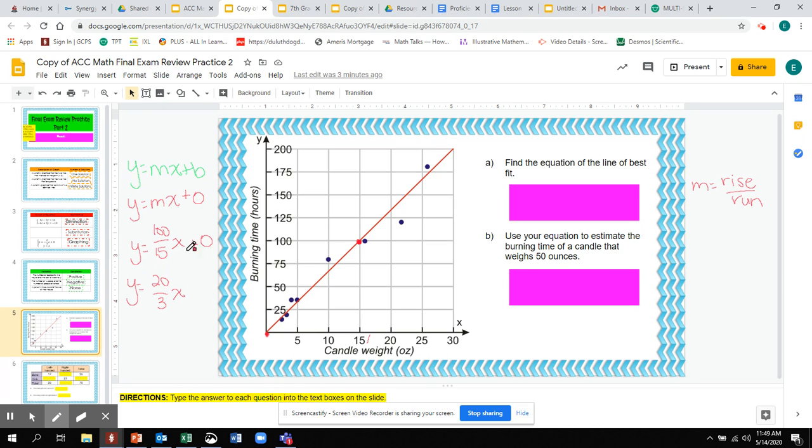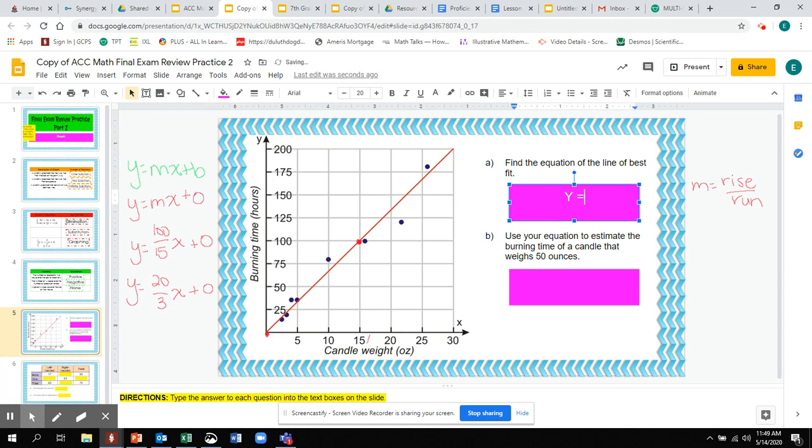And then I have this plus 0 here. And technically, I can write it if I want, but I don't need that because if I add 0 to 20/3 x, it's still going to be 20/3 x. So when I type my equation for my line of best fit, I would write y equals 20/3 x.